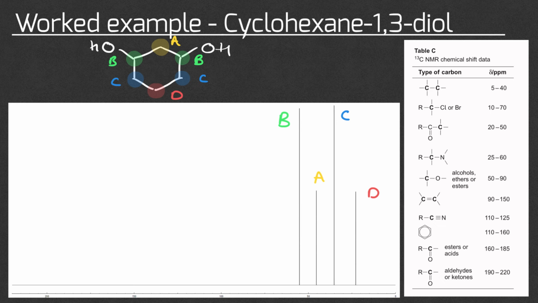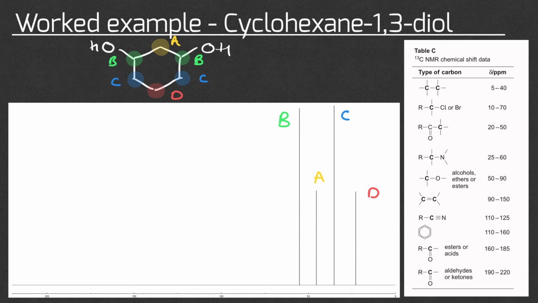If you compare this example to the one we did a moment ago, both of these molecules had 4 environments. So if you're trying to match the two molecules to the two spectra, you couldn't just do it based on the number of environments alone. You'd have to look at the chemical shifts.